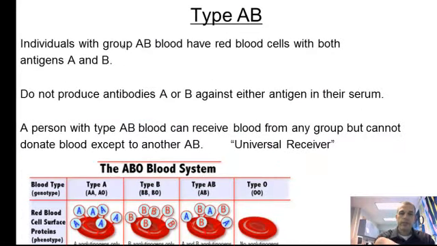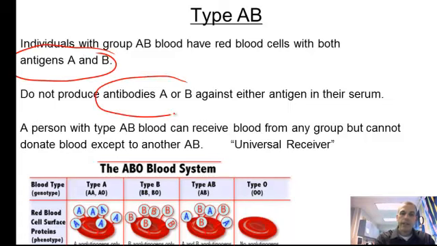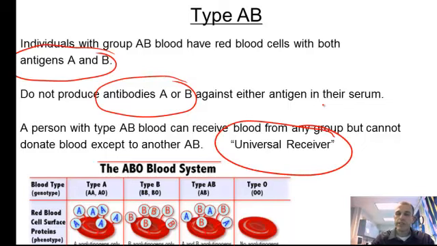The next one we're looking at is your type AB, and your type AB is a combination of the two. So this is where your codominance comes in, and you have antigens A and B in your blood, but you do not produce any antibodies. So you don't have antibodies A or B, and you're also known as the universal receiver because you can get blood from anyone.